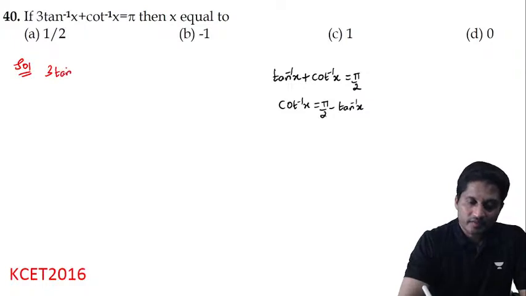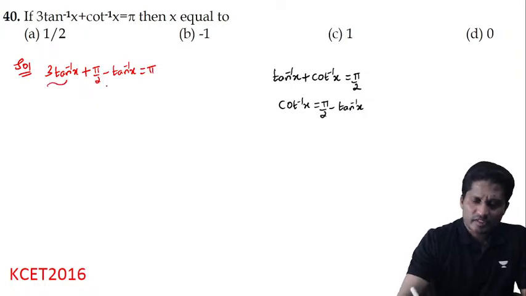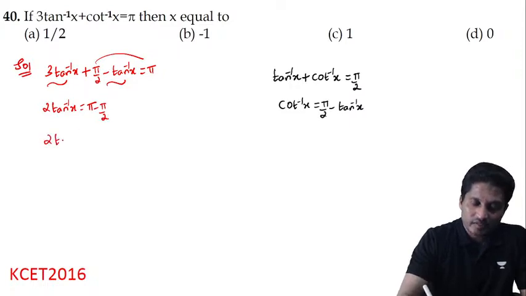Question is 3 tan inverse of x plus cot inverse of x, which can be written as pi by 2 minus tan inverse of x. That's equal to pi. 3 tan inverse minus tan inverse is 2 tan inverse of x. Okay, is equal to pi plus pi by 2. You shift on the right side, it is minus pi by 2. 2 tan inverse of x is equal to pi minus pi by 2, which is pi by 2.